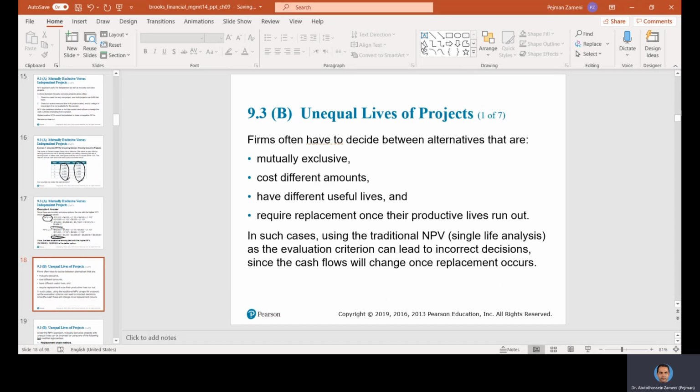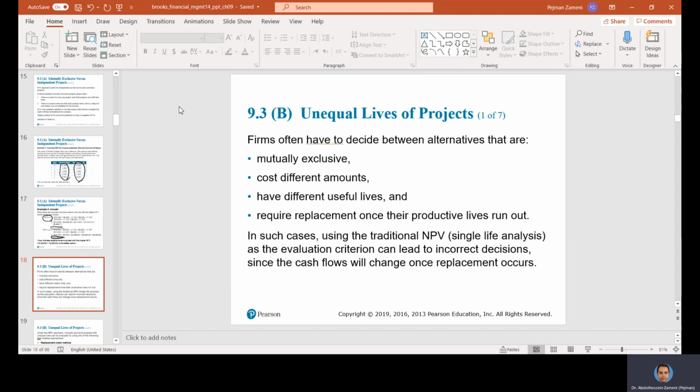Okay, but in some situations we have projects whose lives are not equal, they are unequal. Then how to compare these two projects? There are different methods that we can use. Firms often have to decide between alternatives that are mutually exclusive, we already have learned it, cost different amounts, and have different useful lives, and require replacement once their productive lives run out.